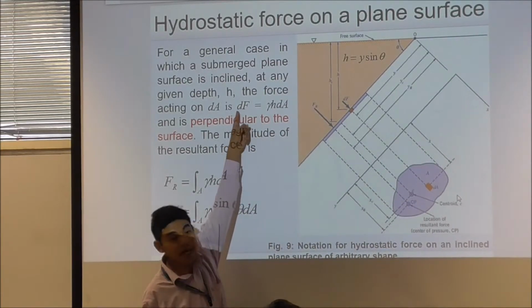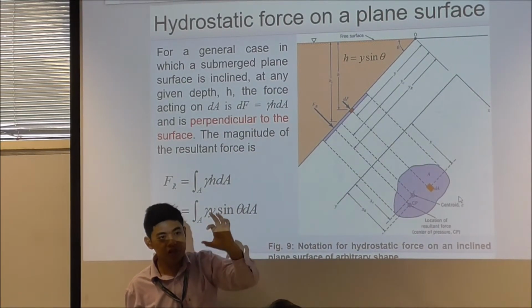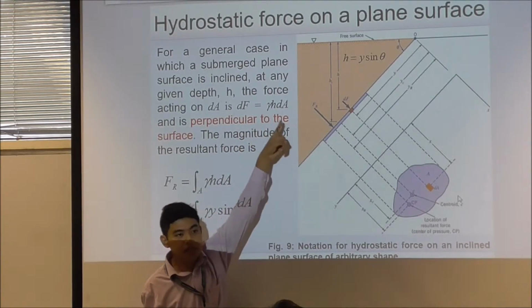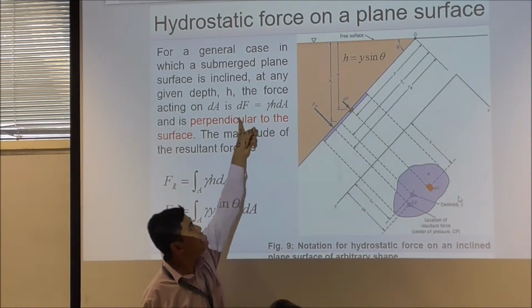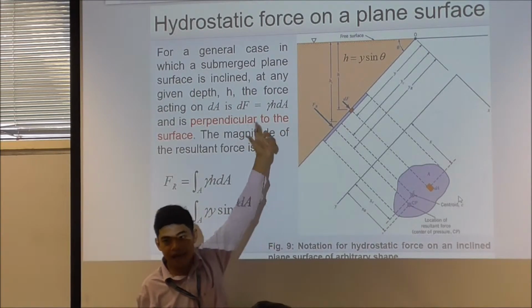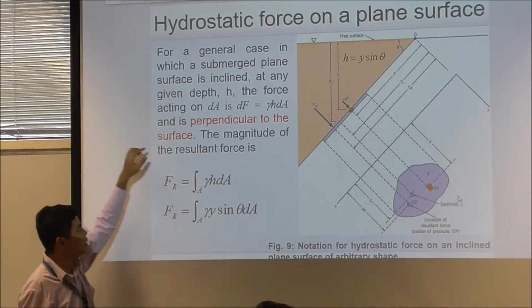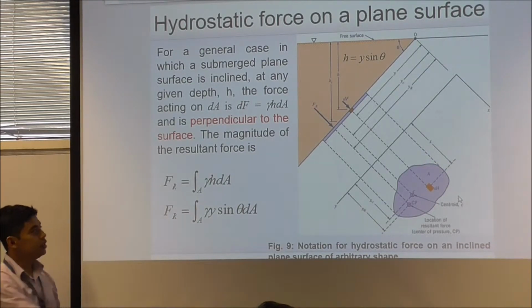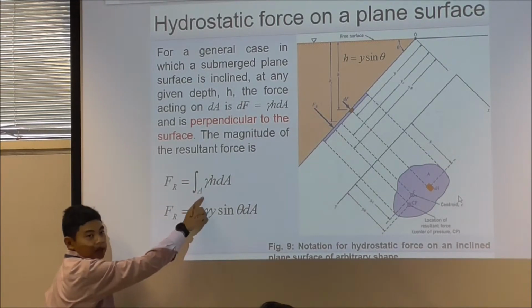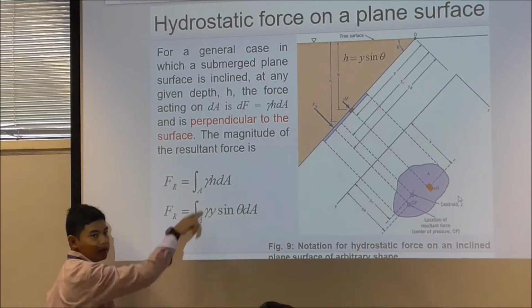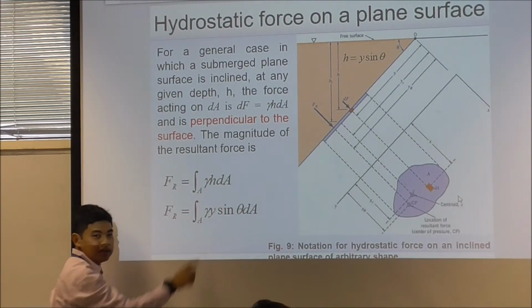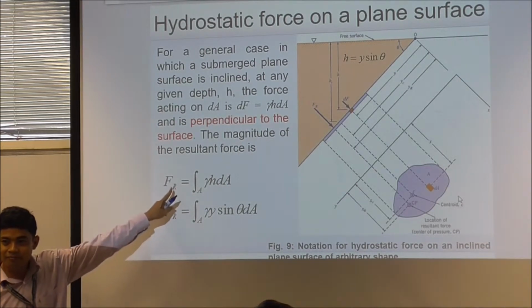Okay, so dF, because dF is also a fraction of the force, is equal to gamma H dA. So if you have dF and dA, how do you get F? Integrate it. You integrate over the total area. Okay? Gamma H dA. Is that clear until this point?